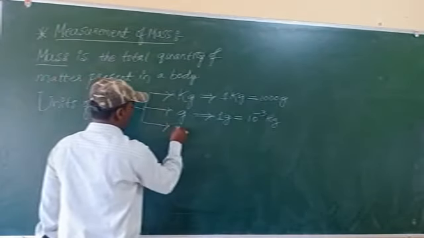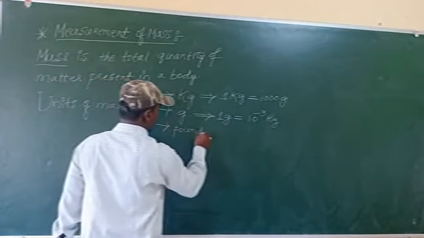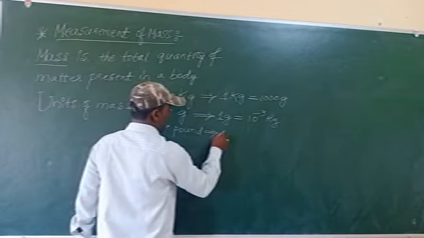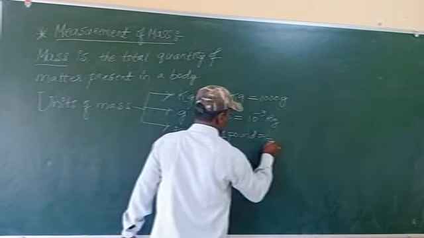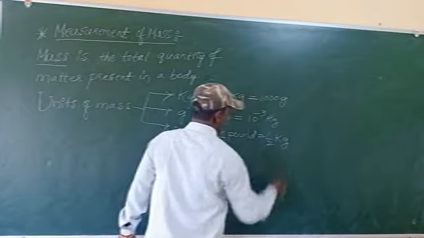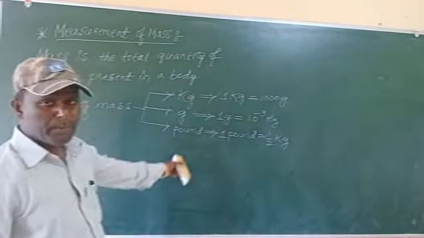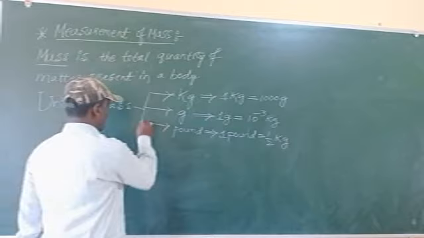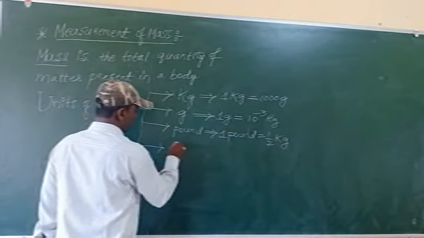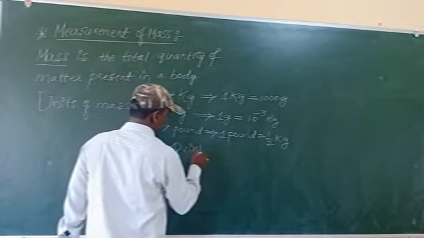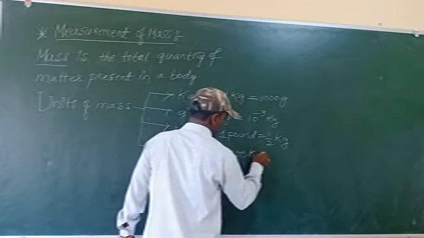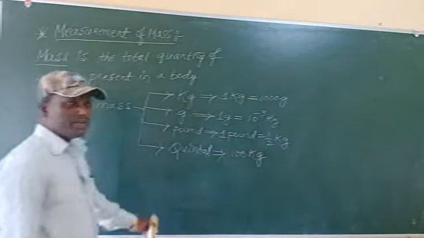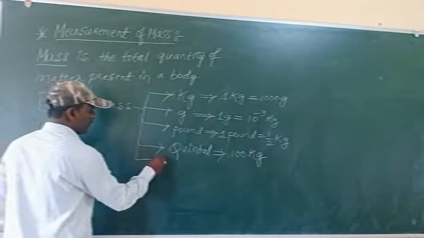Next comes pound. 1 pound is approximately half kg. Quintal. 1 quintal equals 100 kg.